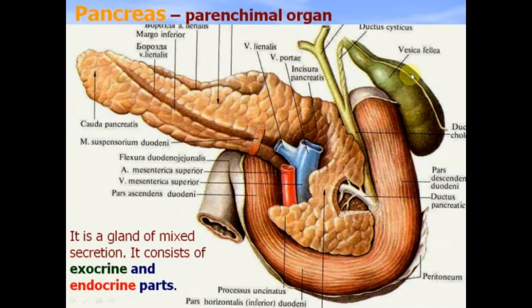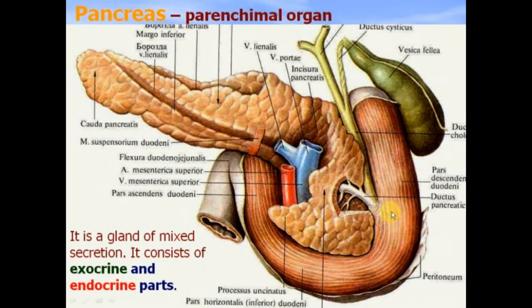The pancreas is a parenchymal organ. It consists of tail, body and head, which is located inside the duodenal semicircle. And this is the common pancreatic duct, which releases the secretion into the duodenum together with the bile duct.